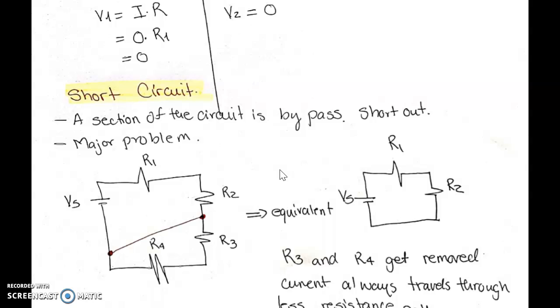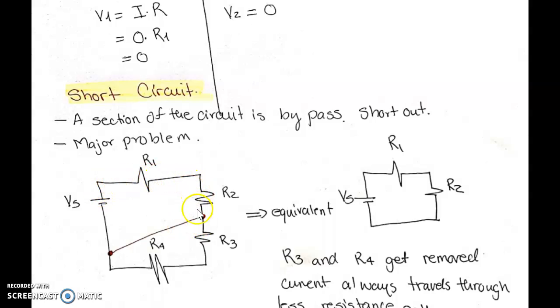A short circuit. Short circuit also becomes a big issue for series circuits because a whole chunk of the circuit can be removed from the circuit. So let's see here. We have resistors R1, R2, R3, and R4, and accidentally these two terminals are connected by a simple jumper wire.